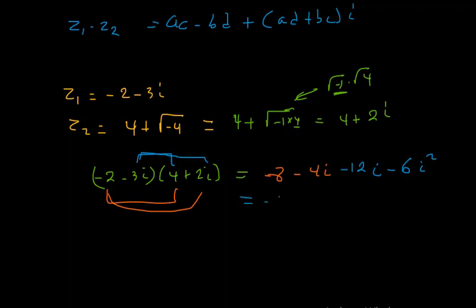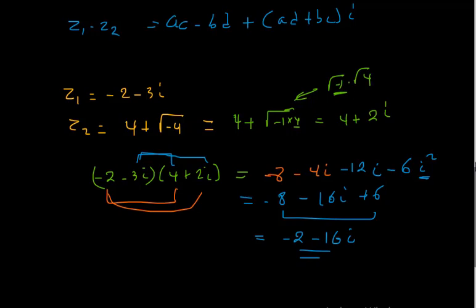So -8 minus 16i, and this i squared is the same as -1. -1 times -6 is positive 6. So when you combine these, that's going to be -2 minus 16i. This is just easy.